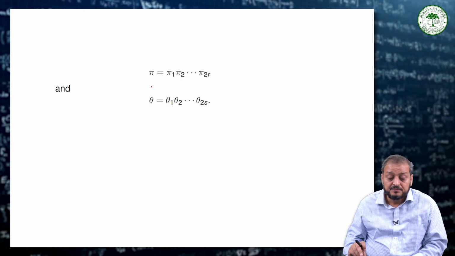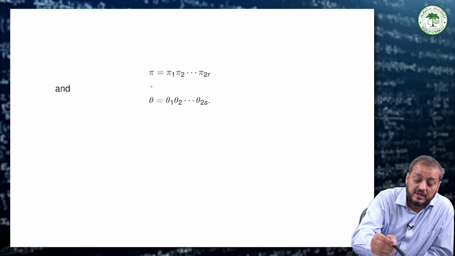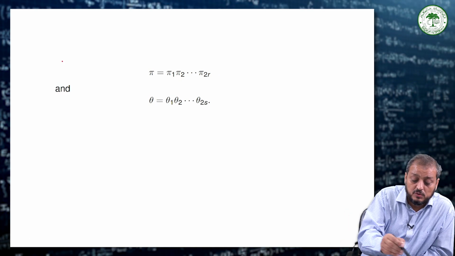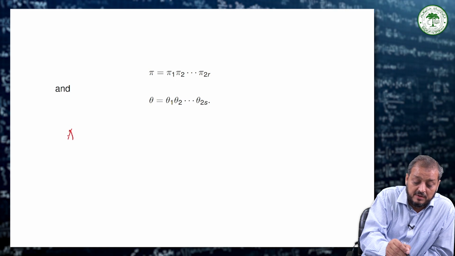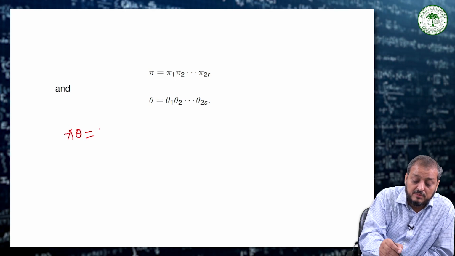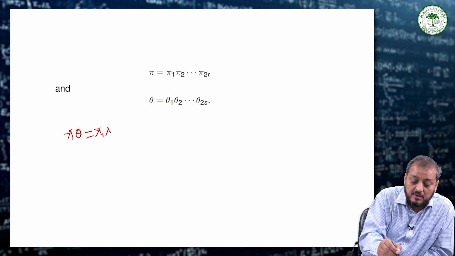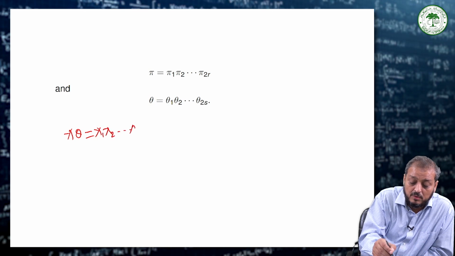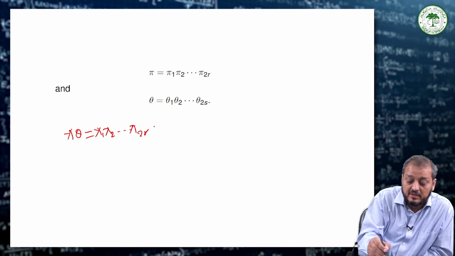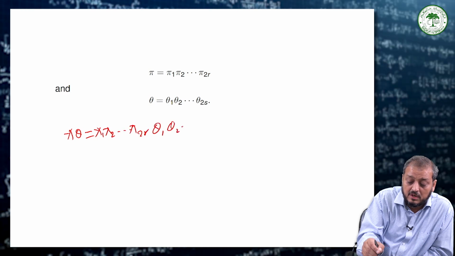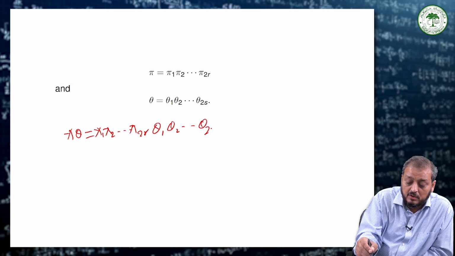If we write the composition of these two, then pi composition theta can be written as pi 1 pi 2 up to pi 2r, and then theta 1 theta 2 up to theta 2s.